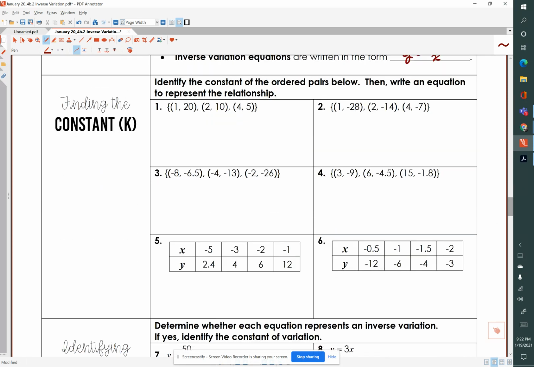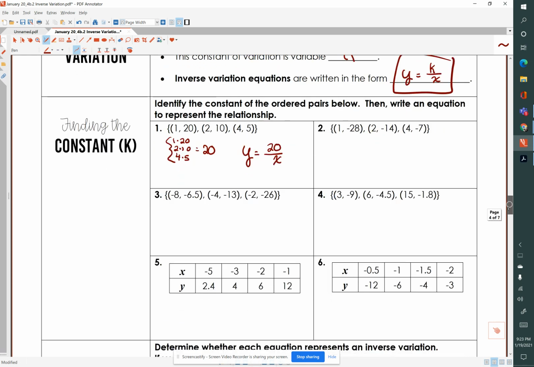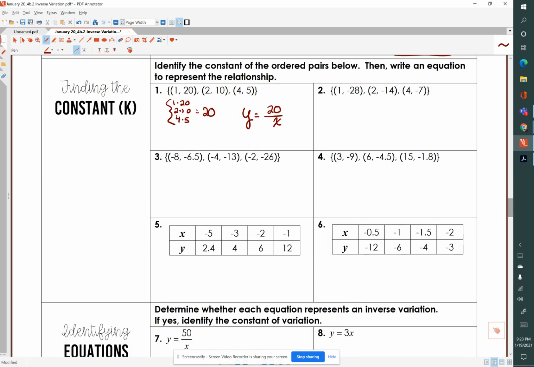So if I multiply 1 times 20 and multiply 2 times 10, if I multiply 4 times 5, in all cases, we will have 20. So our constant is 20. So we will write the equation y equals 20 over x. Remember, because our inverse variation equation is y equals k divided by x. So y equals 20 divided by x.